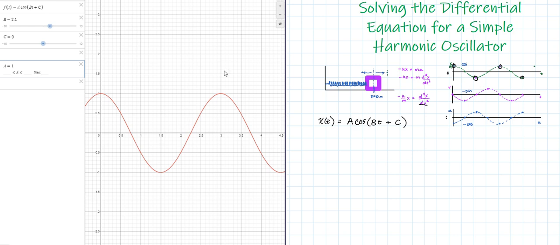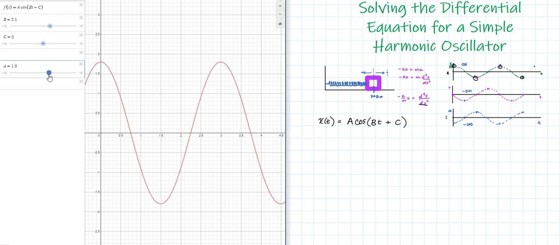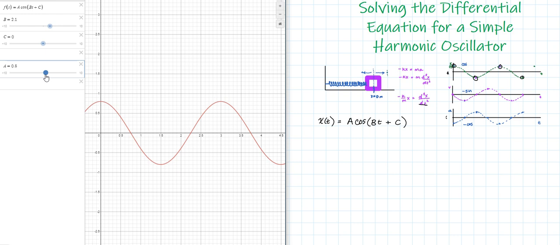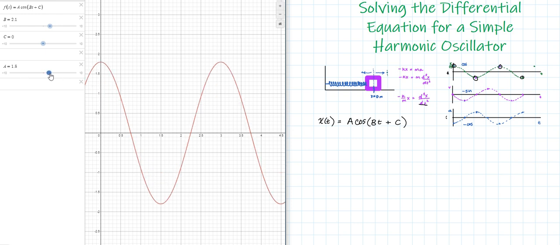If we go over to Desmos and I adjust the A coefficient, I see that it adjusts the amplitude not only of the function, but also of the motion. So if this was 1.8 or even 2, the block was moving between a maximum position of 2 and negative 2, passing through its equilibrium position.